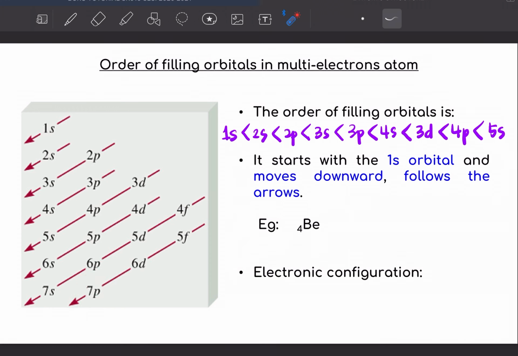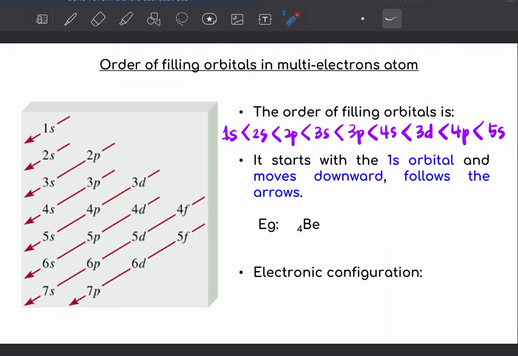So this is the order of filling your orbitals with electrons.